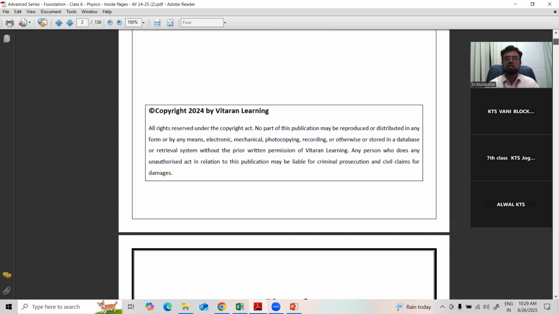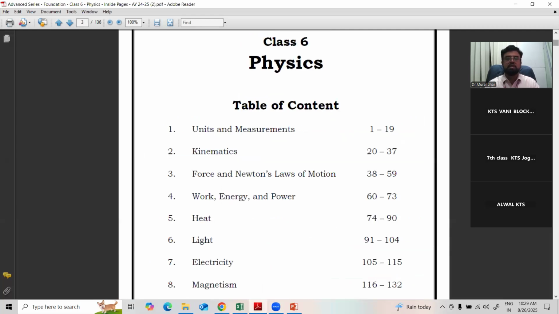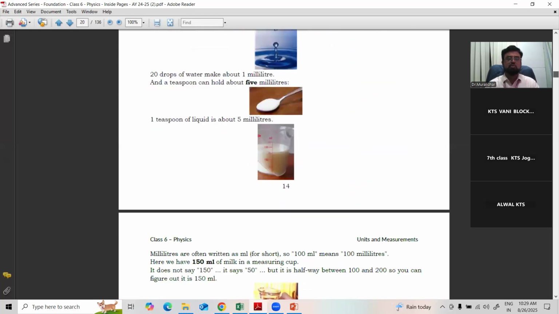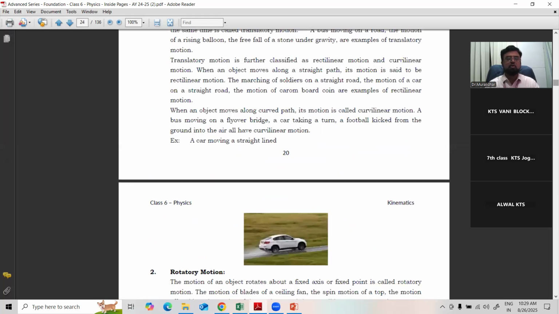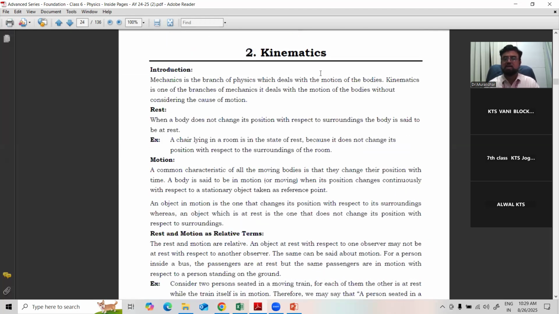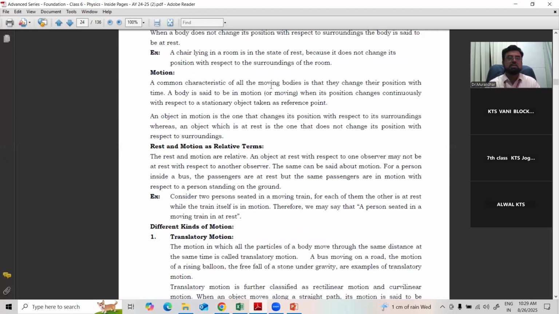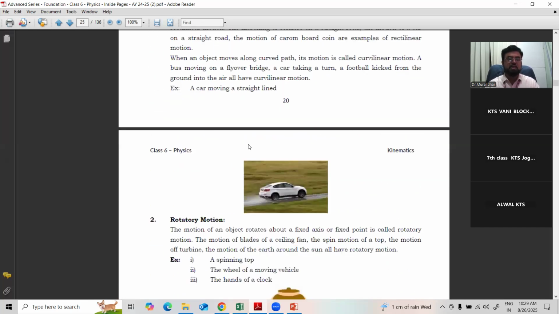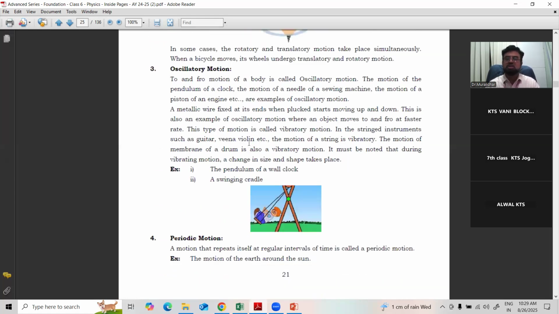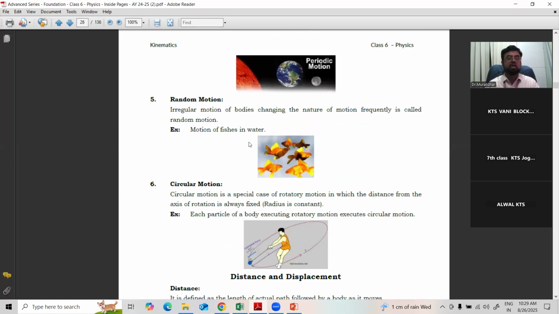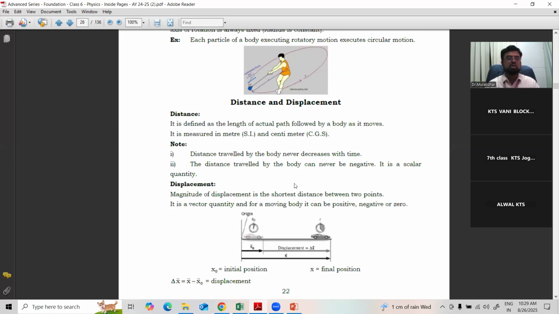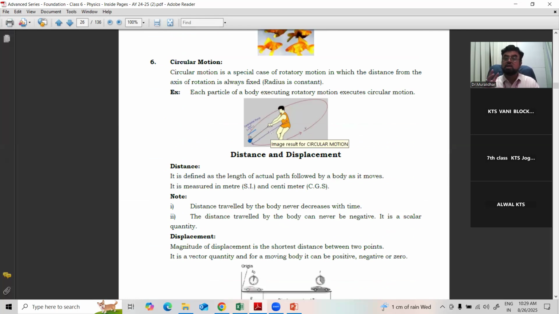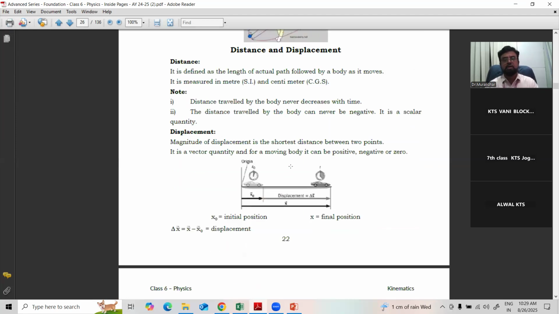Right now we are done with the second chapter. First we completed the units and measurement chapter, where we discussed the units and different types of measurement, how to measure length, time and all. Then when we started kinematics, we discussed rest and motion, what is the difference between them, and different types of motions like translatory motion, rotatory motion, oscillatory motion, periodic motion, random motion, circular motion. Then what are the terms related to motion? When your body is in motion, every moving body covers some distance, displacement.